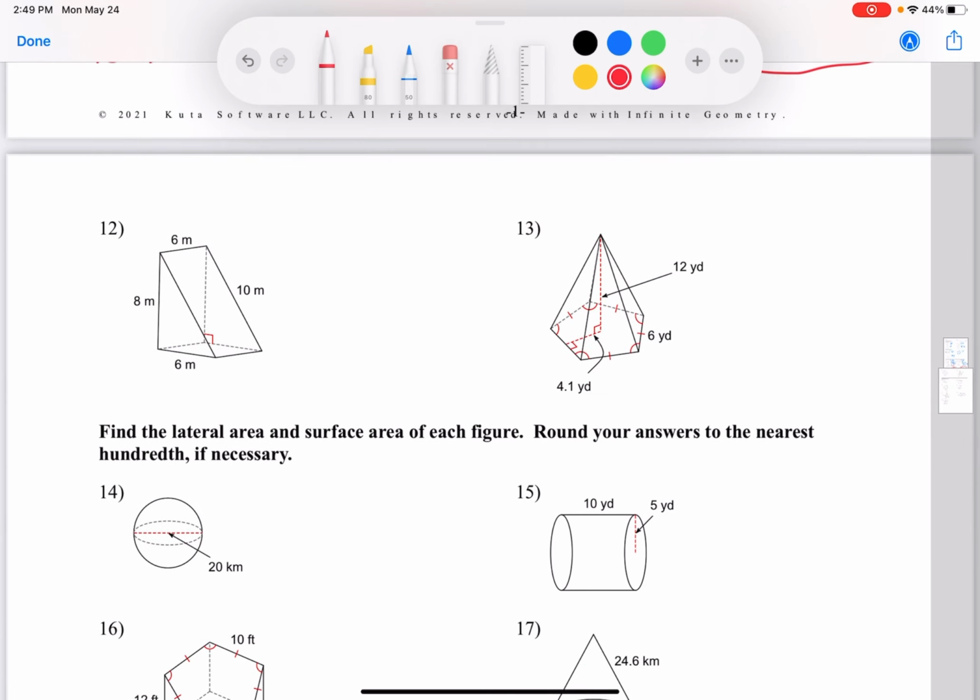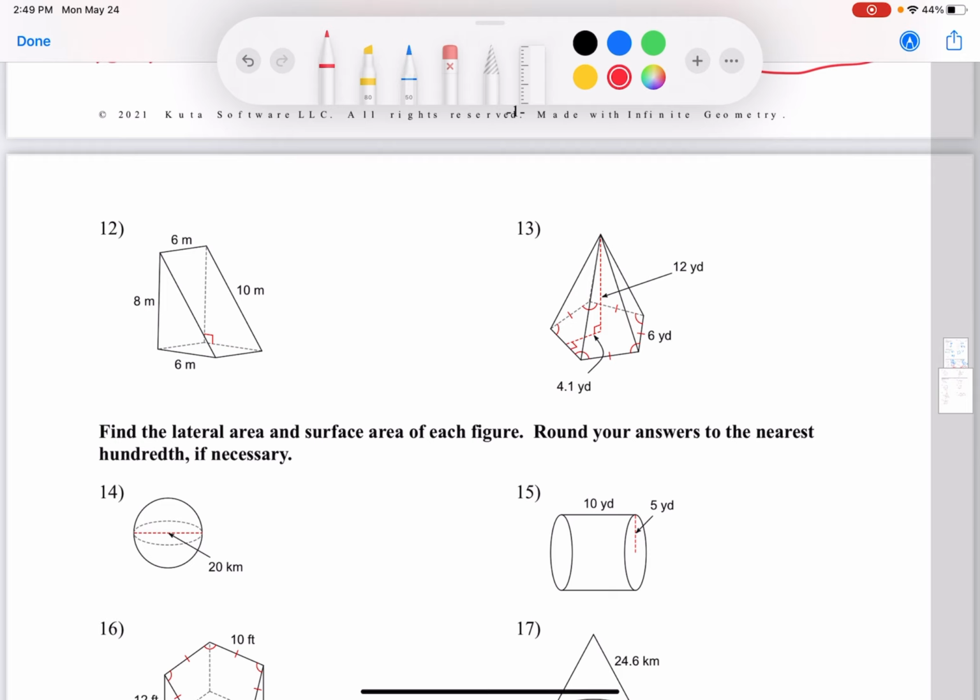Number 12, we're still going to find the volume. This is a triangular prism. The volume of a prism is the area of the base times the height. Base in this case doesn't mean bottom. Base means your two sides that are parallel to each other.